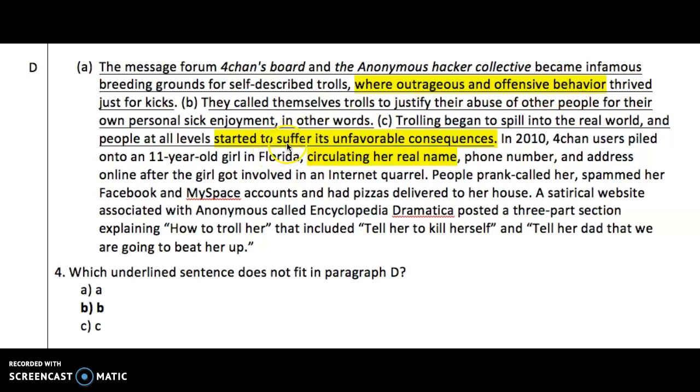Also, you suffer unfavorable consequences. Here we have a negative idea because suffering is not something good, and unfavorable is something we don't like, and outrageous and offensive are words that have a negative meaning. That's why A and C are connected more than A and B. So the answer is B.